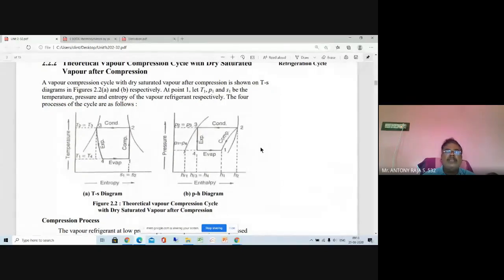COP is equal to refrigerating effect divided by work input. Refrigerating effect is nothing but the amount of heat extracted from the surrounding medium. So if the heat absorbed from the surrounding medium by the refrigerant is more, then automatically COP will increase. That is one point. The other is that COP is inversely proportional to work input.